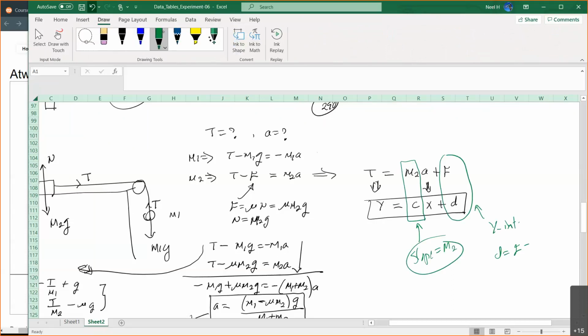Friction force is, for example, mu times M2 g. So from there, if I want to, I can re-estimate the mass M2 by using the intercept: intercept divided by mu times g. I can re-estimate M2 by using two different methods. M2 must be equal to the slope of the graph and also should be equal to the y-intercept divided by mu g. I can do more analysis than previously, okay?